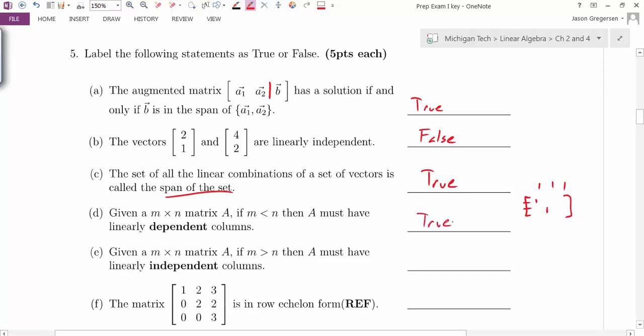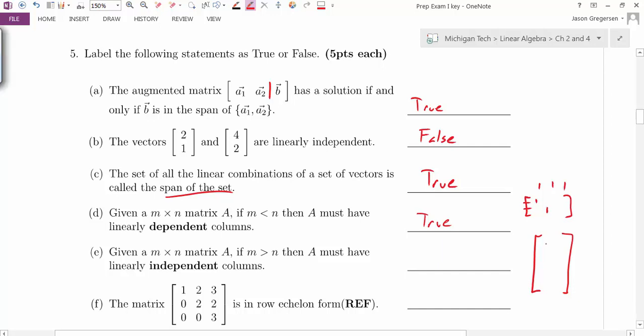The next one says that given an M by N matrix A, if M is greater than N, then A must have linearly independent columns. So once again, let's draw a picture of this. We have more rows than columns. And this is saying that if this is the case, the columns must be linearly independent.